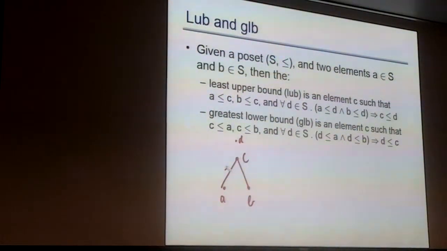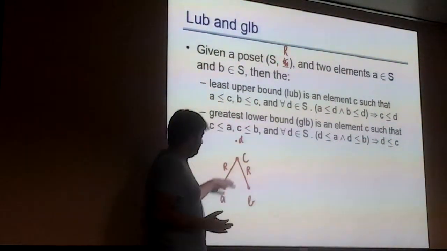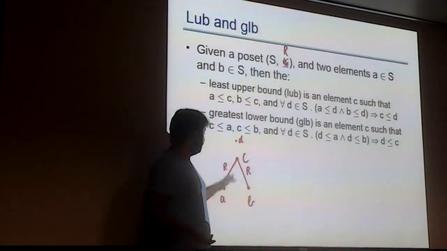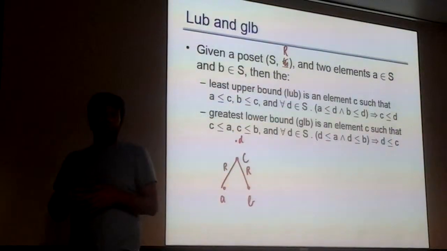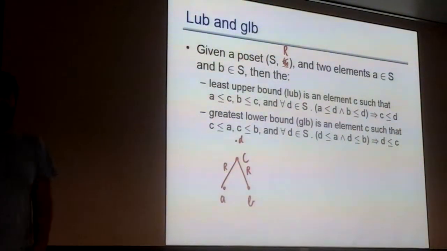No. It's just whatever the relation is here. So if I put an R in here, then this should be R, and this should be R. For example, let me give you an example. If I'm using sets, then this should be the subset relation. And if this is numbers, then this is going to be a less than or equal relationship. So it's really the R, whatever the R is in the relation that we're using.